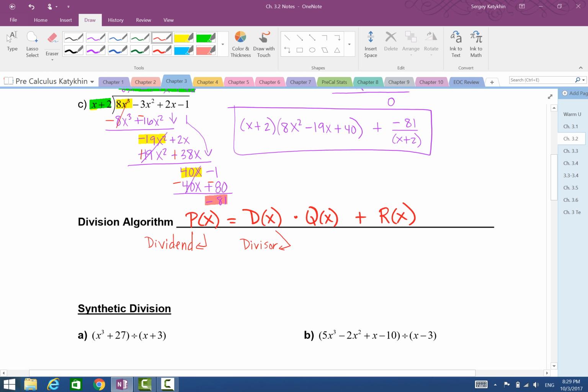We have a quotient, and we have the remainder.